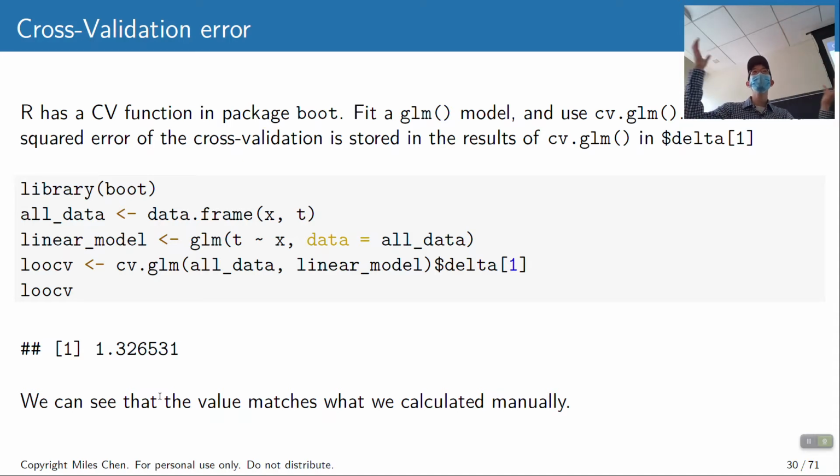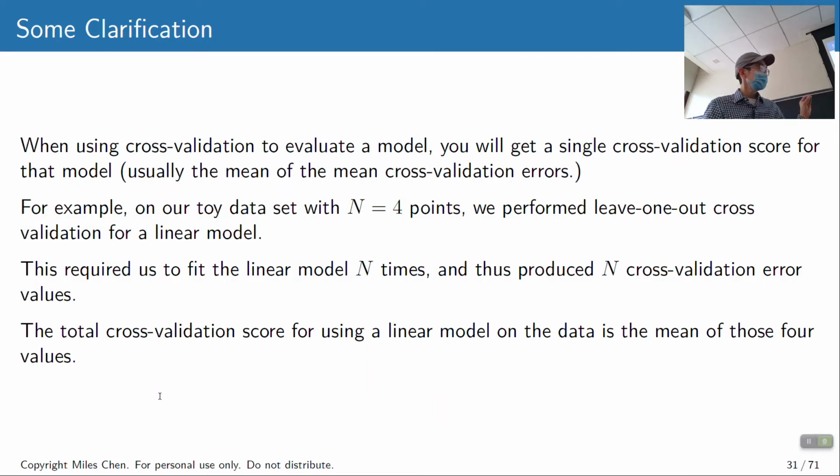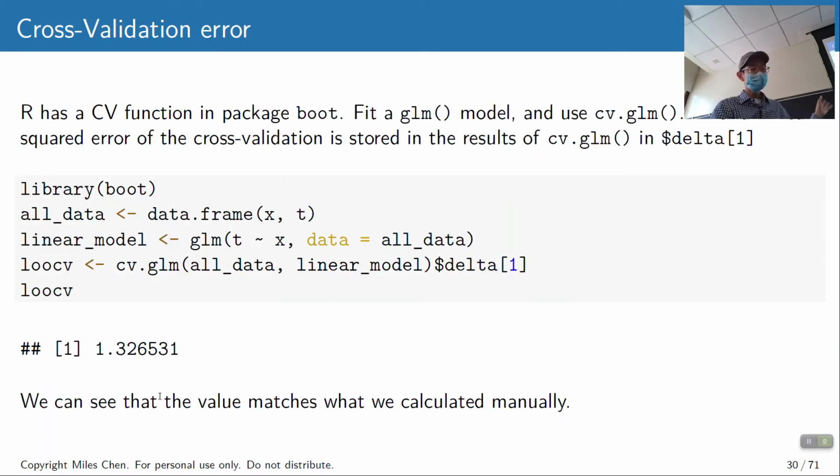A lot of these summary statistics only make sense when you talk about, okay, here's one sample and here's the value, and here's another sample with a different value, and then you can start making comparisons. Similarly, getting this leave one out cross-validation error all by itself isn't very useful until you have something to compare it against. And so this would be the leave one out cross-validation error for a linear model fit to this data set.